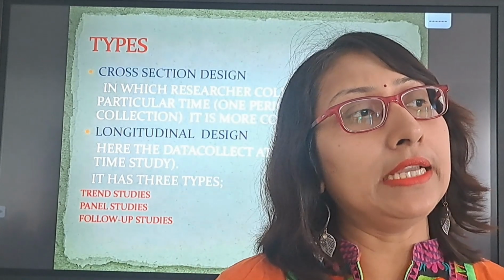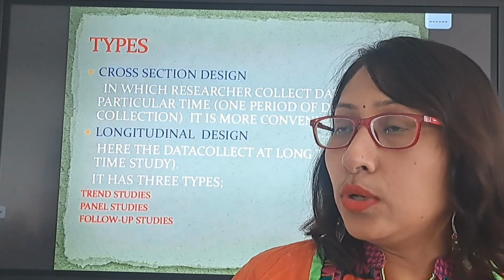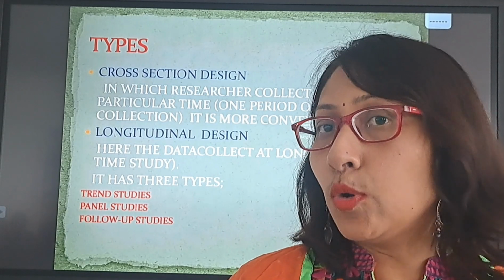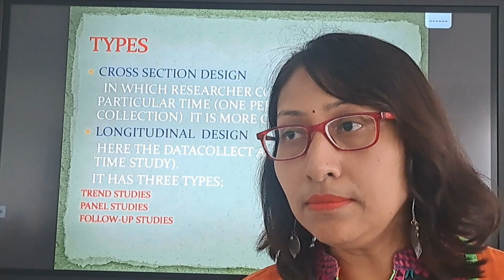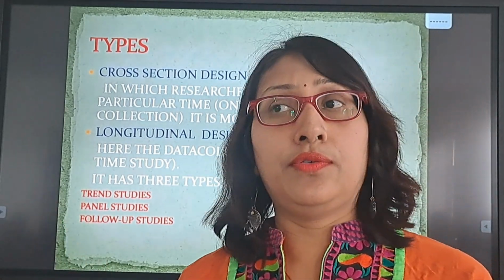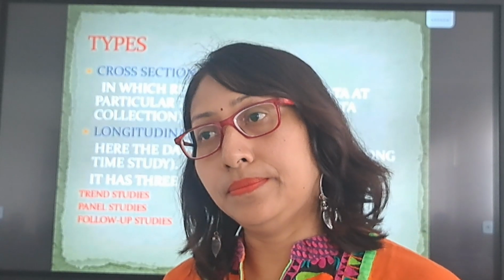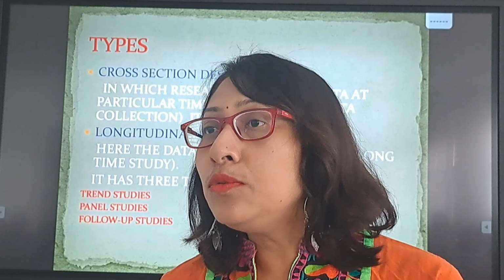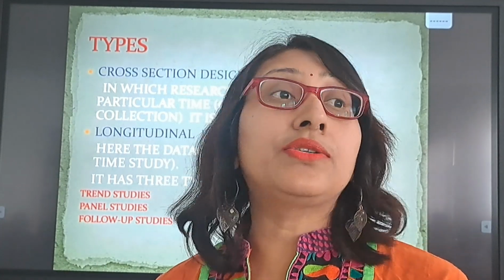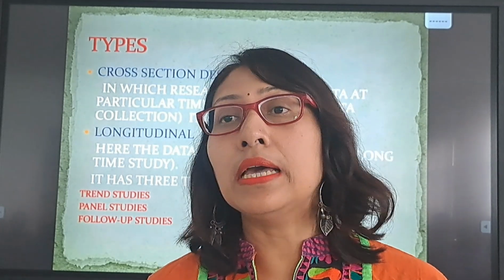So from 1980 to 1990, what was the trend of consumption of alcohol or drugs or smoking, and what is the trend of the same habits in the 10 years from 2000 to 2010. Clear? So you can find out the comparison of in which set of years this trend has increased more as compared to the other set of years.